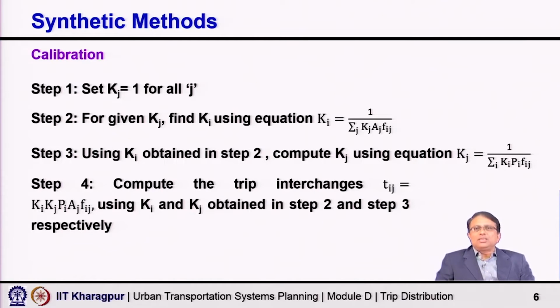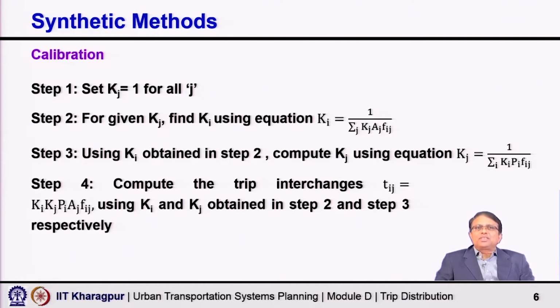As I said, Ki equal to 1 by sum over Kj, Aj, Fij, summed over all j. Obviously, the Kj values are 1, but with that value of Kj you can now calculate Ki. So, you have now got a set of Ki values.